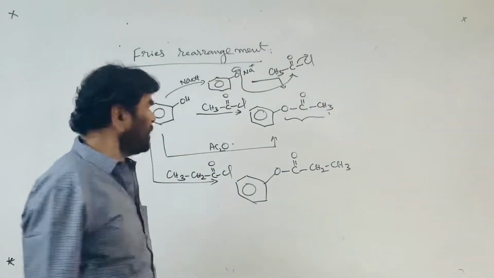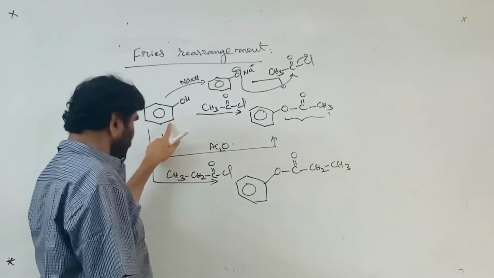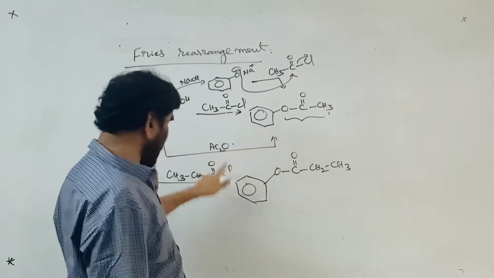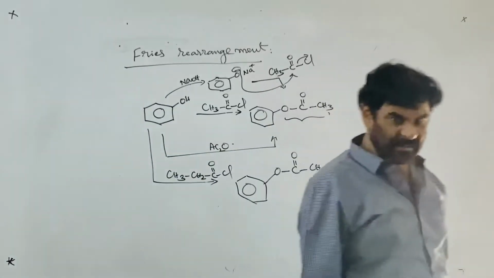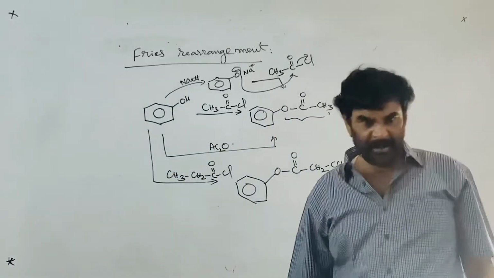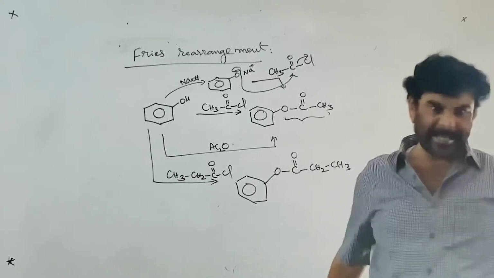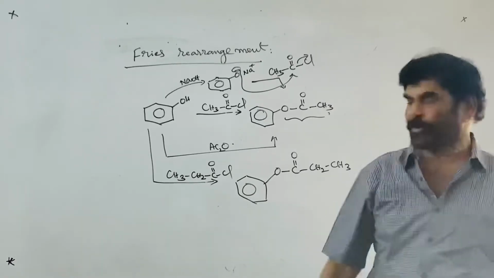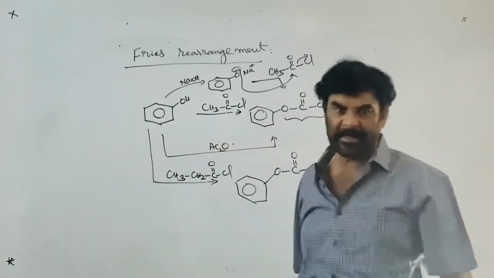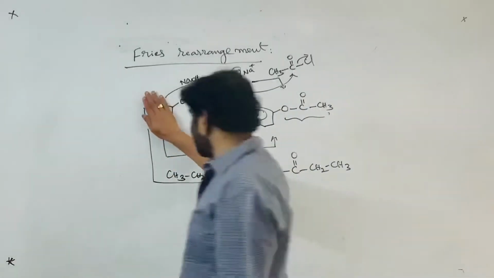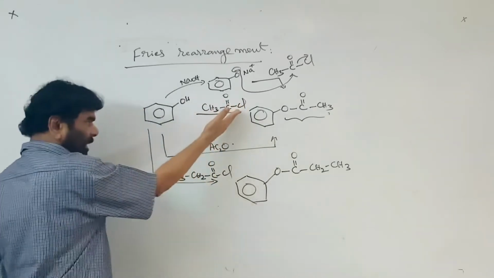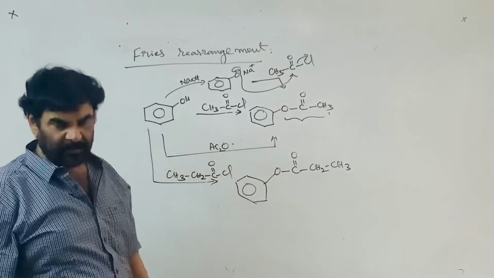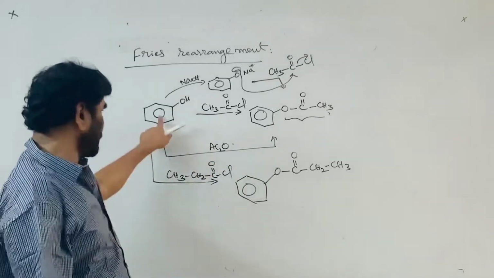Here, one thing you have to remember. Normally, when an aromatic compound is treated with an acid chloride in the presence of AlCl3, C-acylation takes place: Friedel-Crafts acylation in the ring. Why? The ring is a nucleophile and this is the electrophile, so aromatic electrophilic substitution should take place.